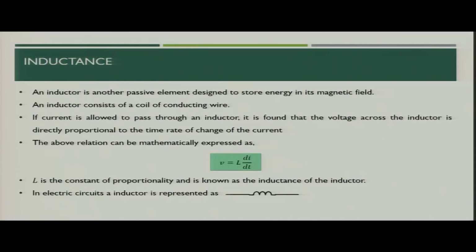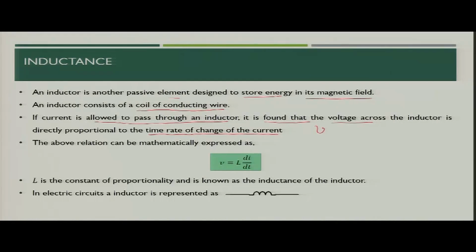Now, let us come to the third element, that is inductance. An inductor is another passive element which is designed to store energy, but here the stored energy is in the form of a magnetic field. An inductor consists of a coil of conducting wire, and when current is allowed to pass through an inductor, it is found that the voltage across the inductor is directly proportional to the time rate of change of current.